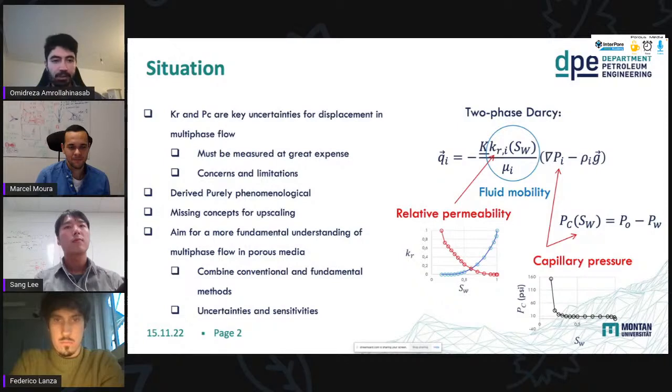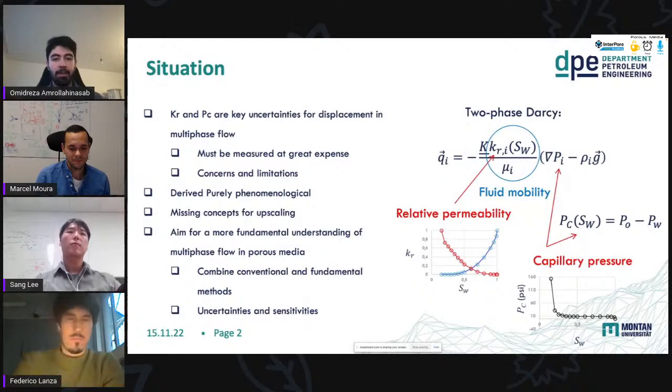This gets worse for heterogeneous reservoirs, where you need more samples to get more data.